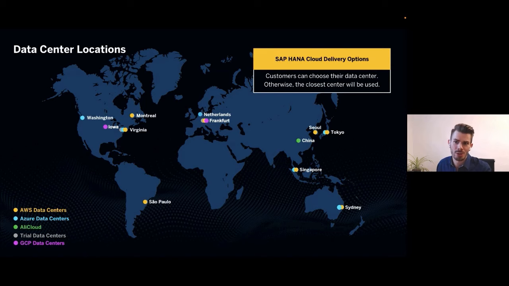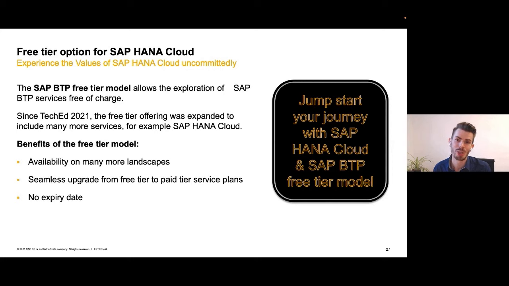Quite related to that, we have introduced the so-called free tier offering for SAP HANA Cloud, which is basically a BTP offering. So it's not just spanning across HANA Cloud. It also is available for multiple other services in the BTP environment. And we're happy that since TechEd this year, we're also able to provide SAP HANA Cloud as one part of that offering.